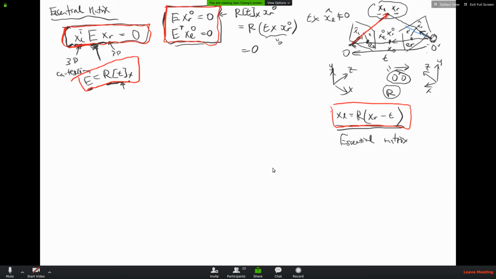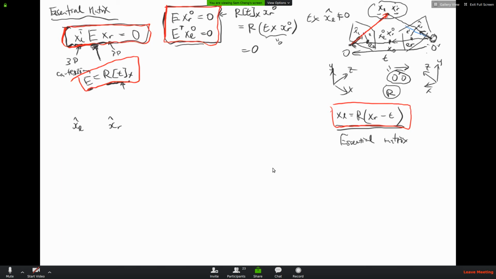Now we want to consider the points projected to the screen. So we want to connect XR hat and XL hat instead. XR hat and XL hat are the points projected to the cameras, actually to the actual screen here.